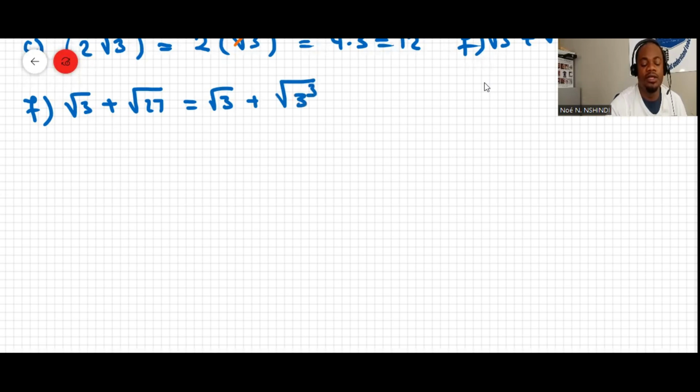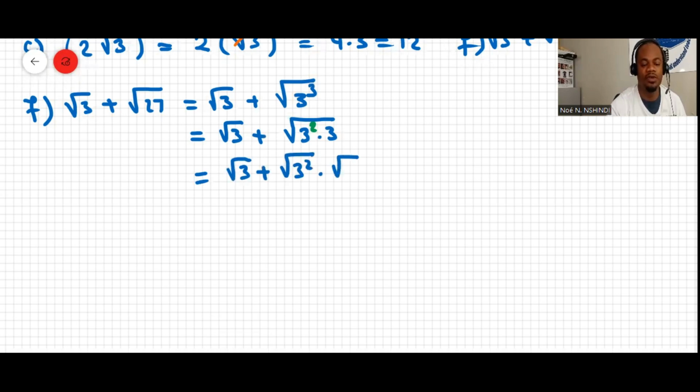Now, to solve this, instead of writing square root of 3 to the power of 3 there, I prefer to write it as square root of 3 squared multiplied by 3. So this can be broken into square root of 3 plus square root of 3 squared multiplied by square root of 3.